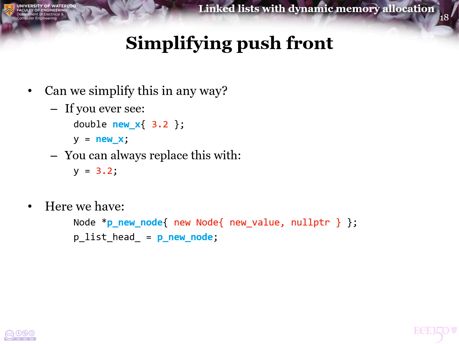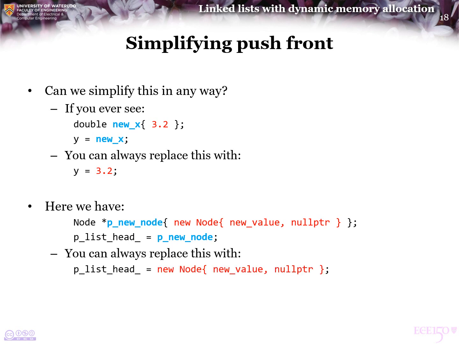The same thing here. We just had a local variable that temporarily stored the address of the new node, and then we assigned to list head that address. We can just replace this by assigning pointer to list head that new node.